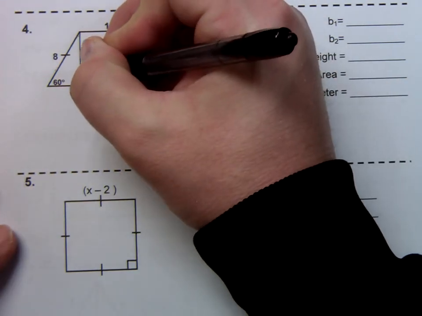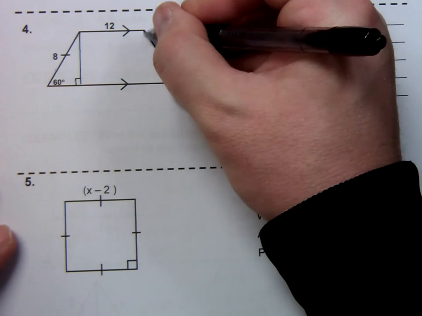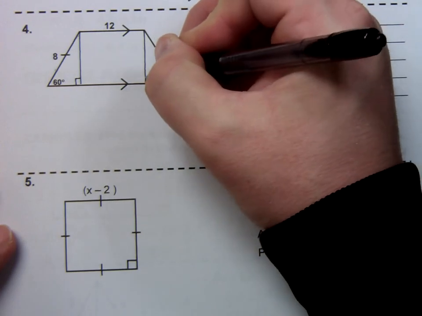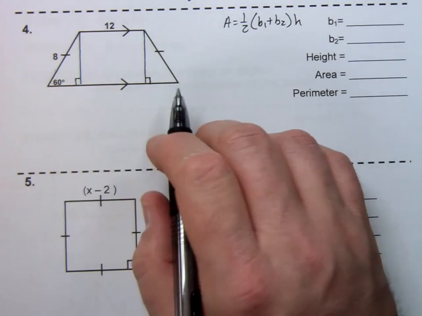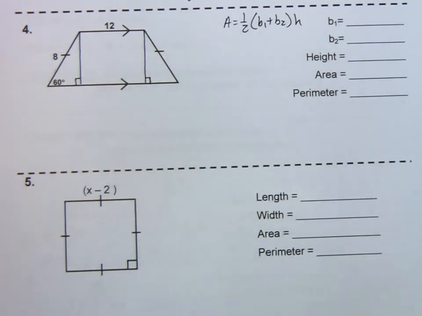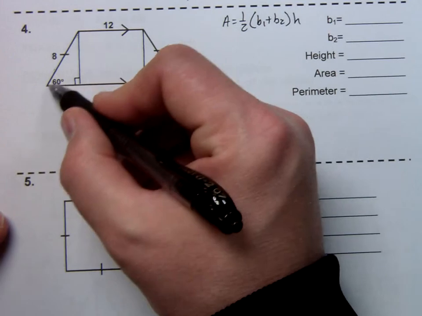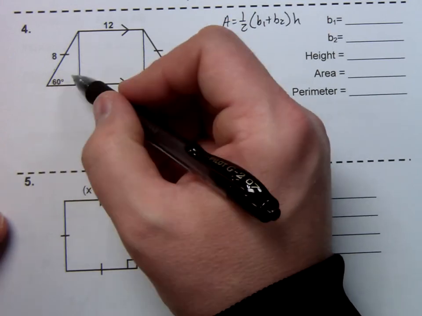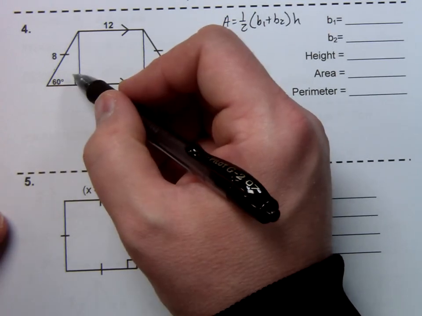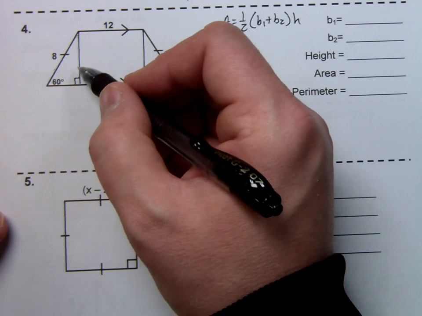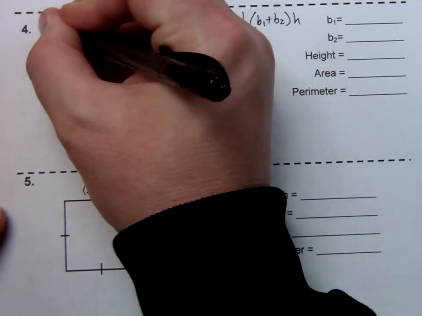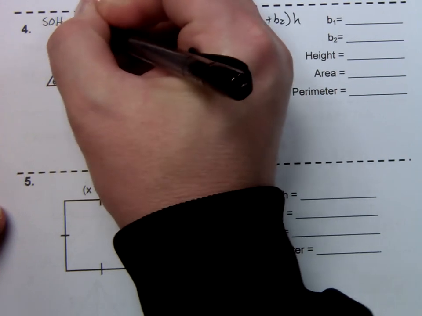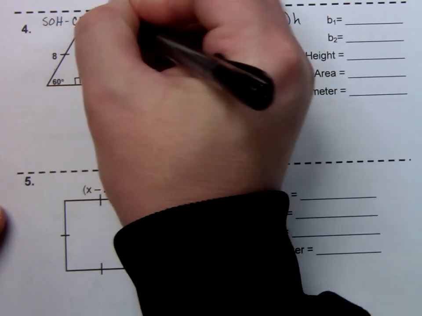So if I drop the height here, I can drop the same height here, and it splits that trapezoid up into right triangles and rectangles. So if I just focus on this right triangle here now, I can do some trig. I can use my SOHCAHTOA knowledge to find these missing parts that I need here. So make sure we have SOHCAHTOA visible if you still need help with that.